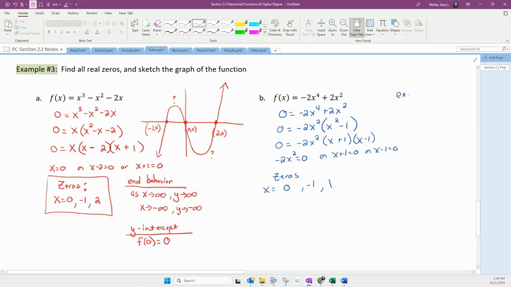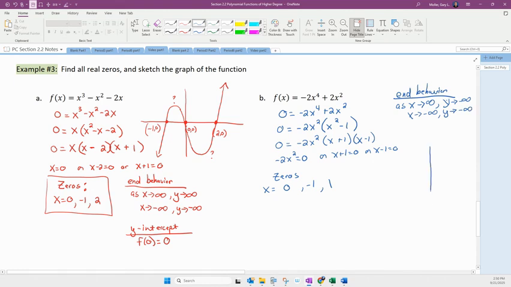End behavior is going to be going down on both. So as x goes to the right, positive infinity, y is going down. X goes to the left, y is going down.